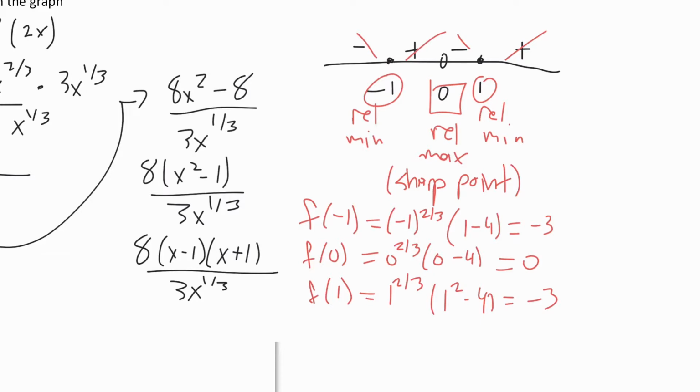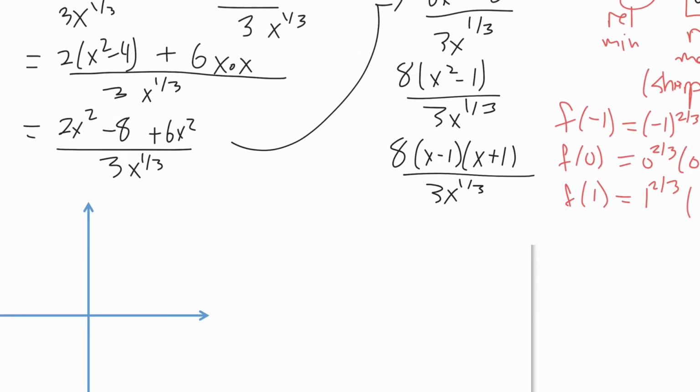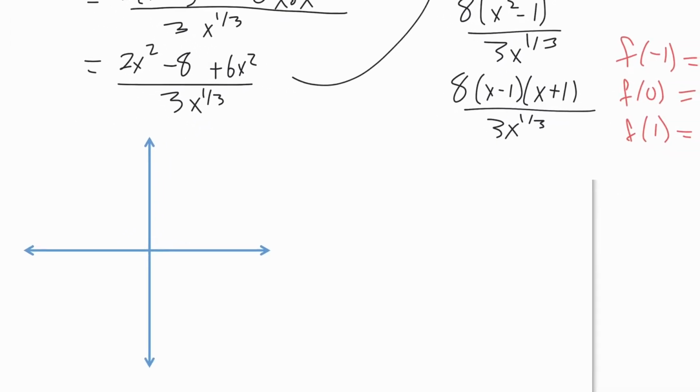So let's go ahead and write down all the information we have. We know it's decreasing, increasing, decreasing, increasing. We should label those intervals. So maybe I'll put that right here next to the graph, a little bit further away, give myself some space.